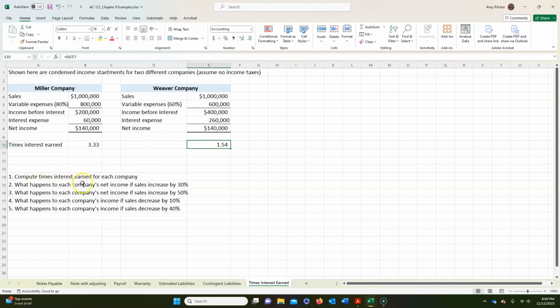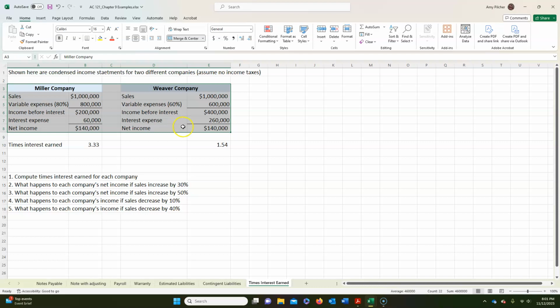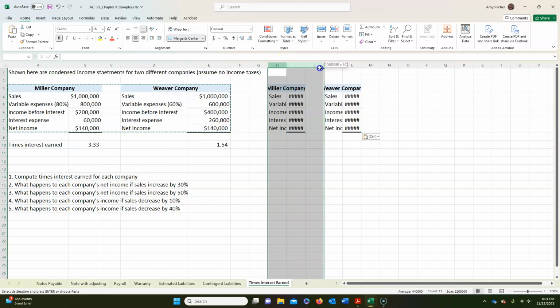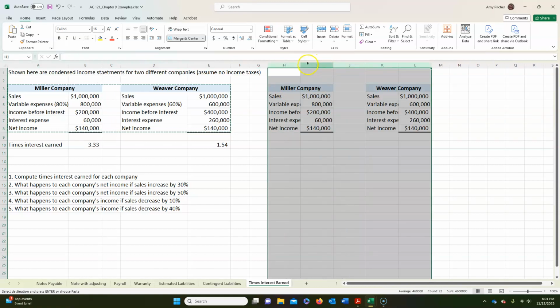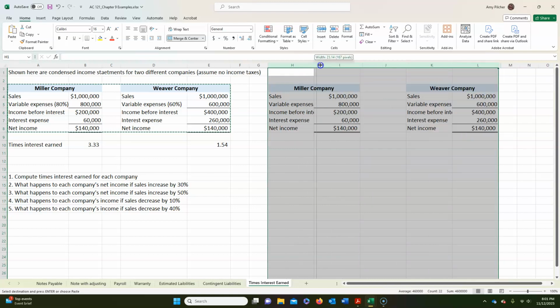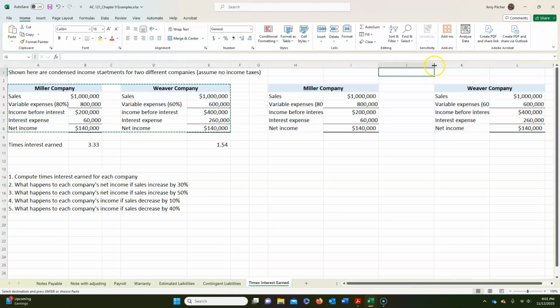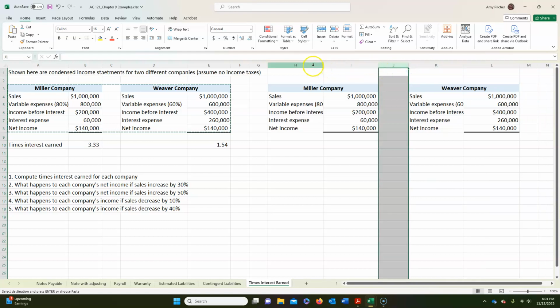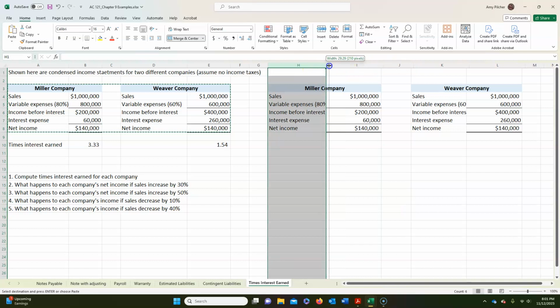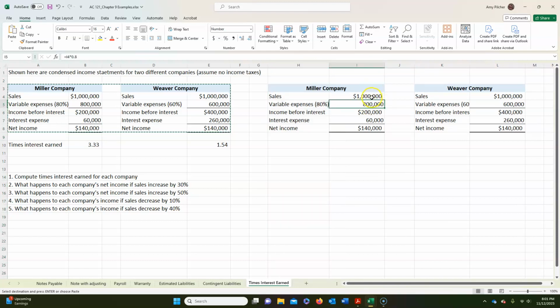And then the next thing we want to know is what happens to each company's net income if sales increase by 30%. So we have this information here, and we're going to copy it over and put it over here, and do this kind of what-if scenario.